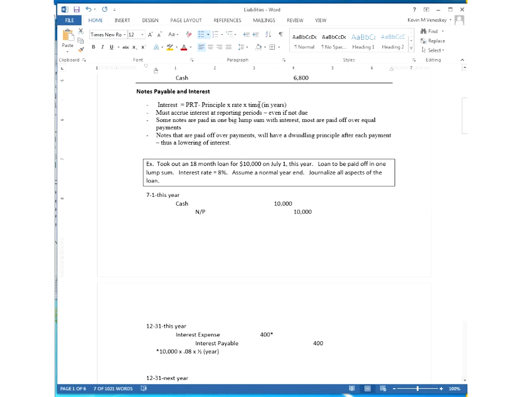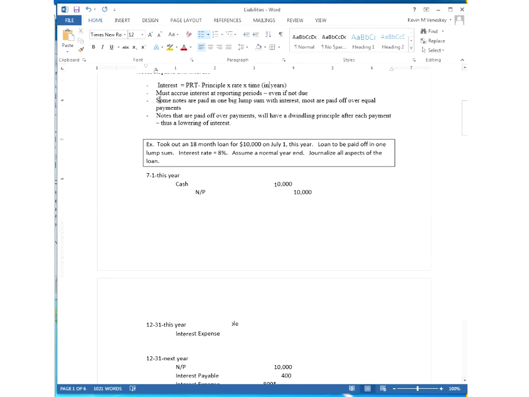But we always do the rate in a yearly format. So if it was 8%, we would do 8 here, but time would only be half. That half would be 4%. Or if it was monthly, time would be 1 over 12, 1 month out of 12 in a year.